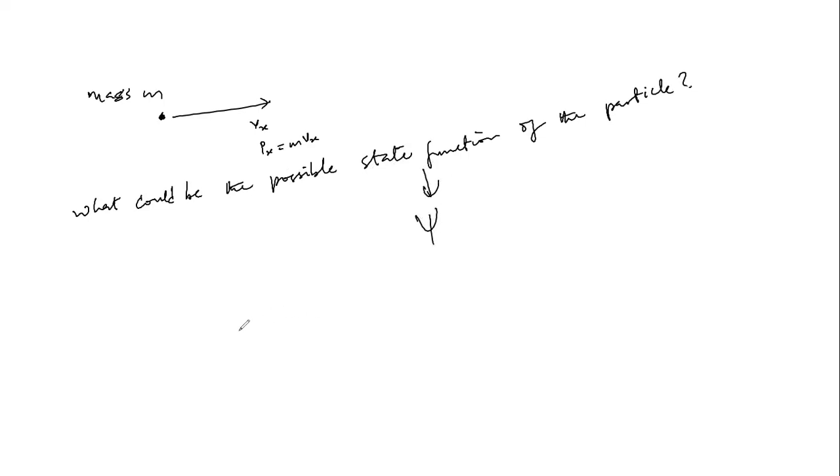By reasoning in line with the postulates, the state function must be the eigenfunction corresponding to the eigenvalue. In this case, the particle is moving with momentum p sub x, so the state function must be the eigenfunction psi sub p of x.